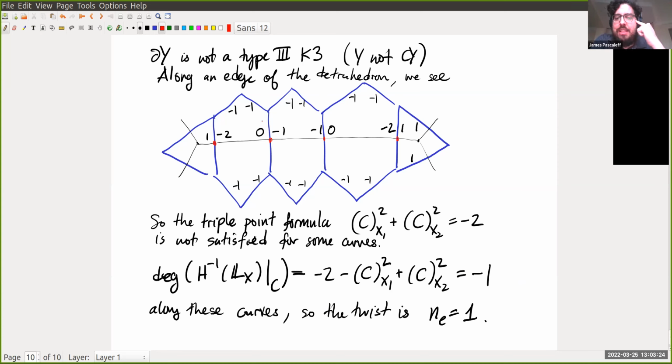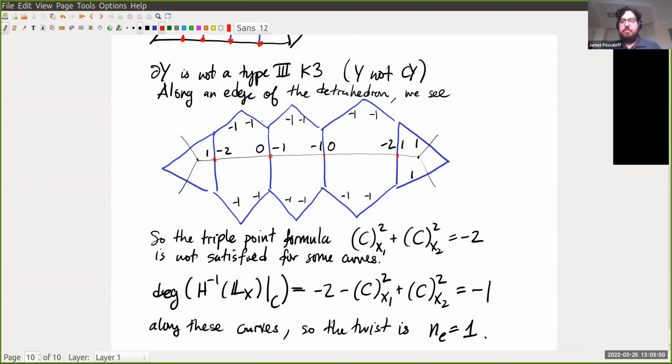And if you look at the mirror picture, you can figure out what these numbers are, and along the edge they're actually not 0. So the point is this: the dB-sing of the boundary divisor on the mirror side is not the Fukaya category of a surface. It's one of these twisted things. Okay. All right, I'll stop there.